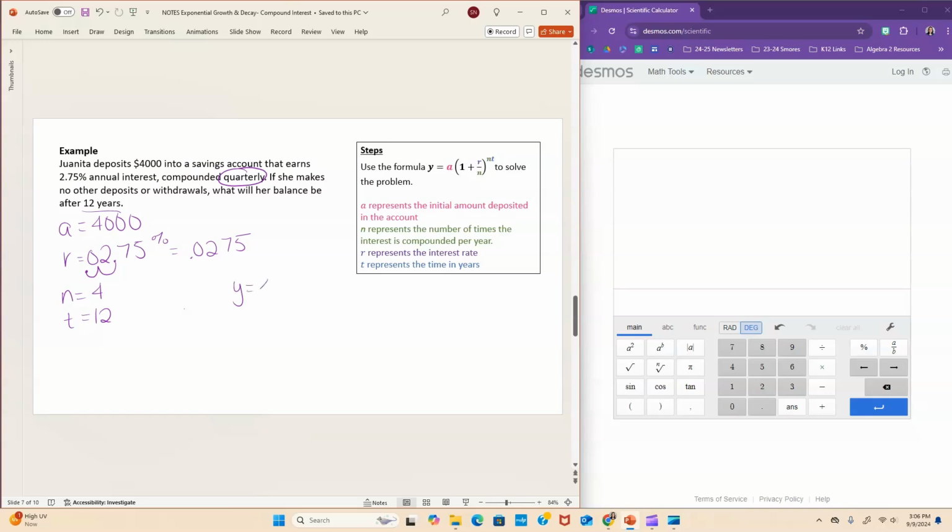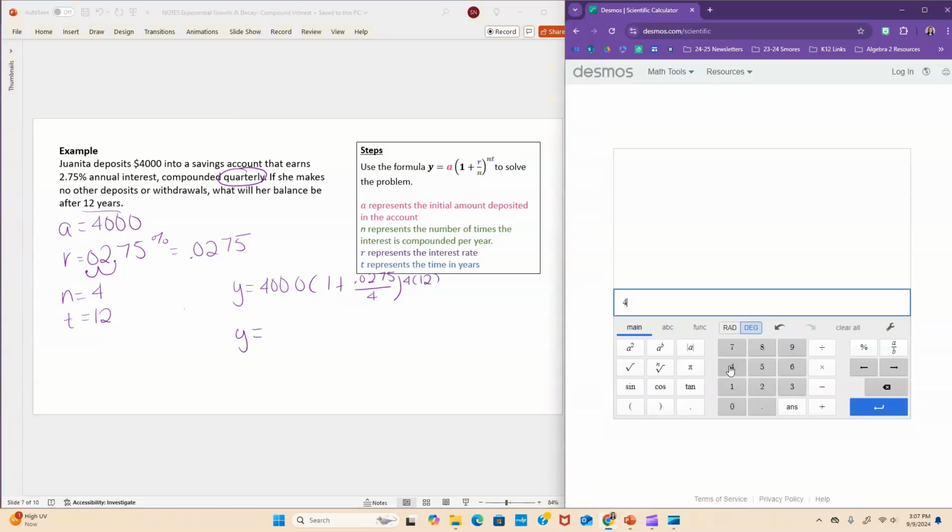We have y equals 4,000 times (1 plus 0.0275 divided by 4), and that's going to be raised to the n times t, so the 4 times 12 power. So let's go ahead now and plug this all into our calculator. So we have 4,000, parentheses 1 plus 0.0275 over 4.